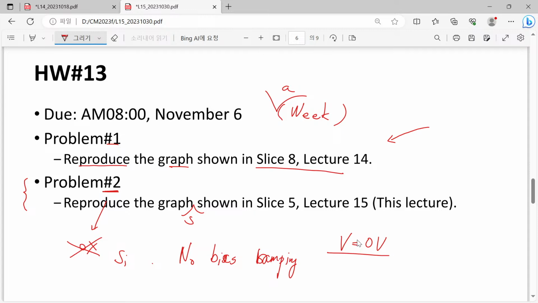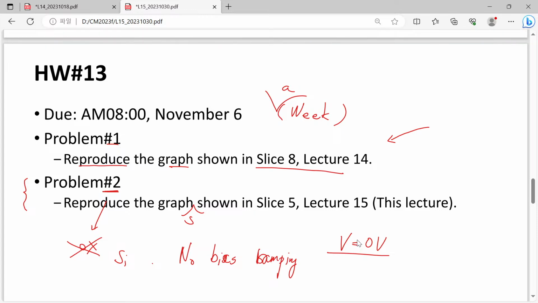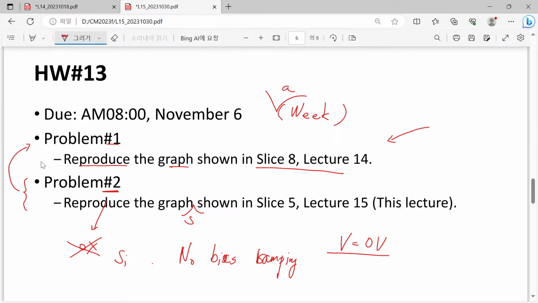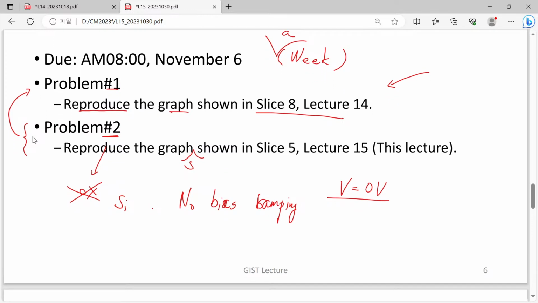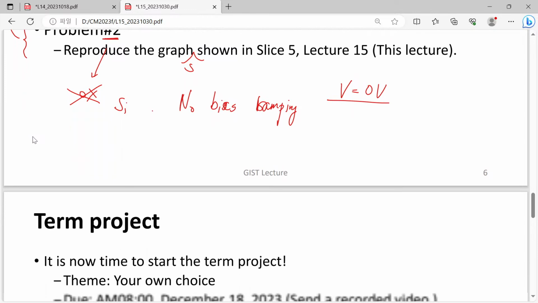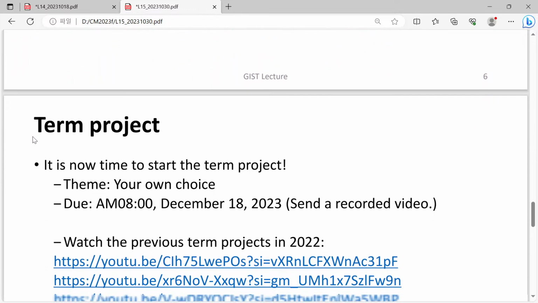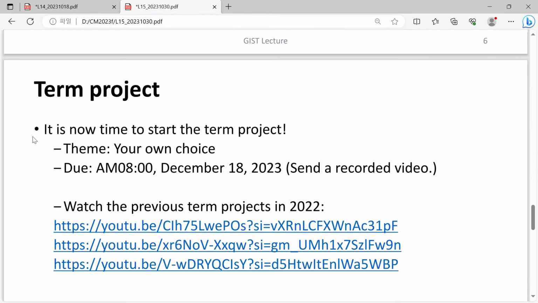So problem 2 is a relatively easier problem. And once you get the solution for problem 2, then move to problem 1. Okay, so are you all with me? Then let me just cover the remaining steps in this lecture 15.